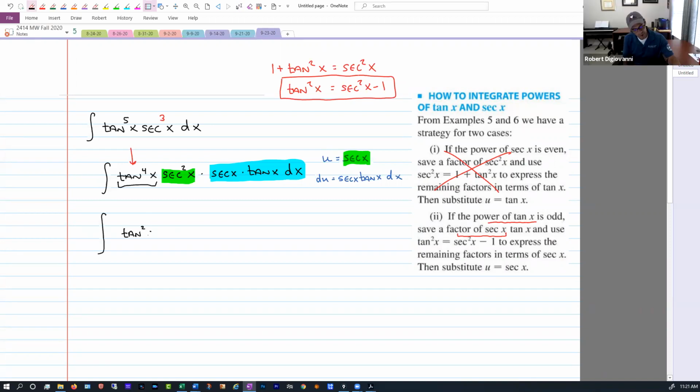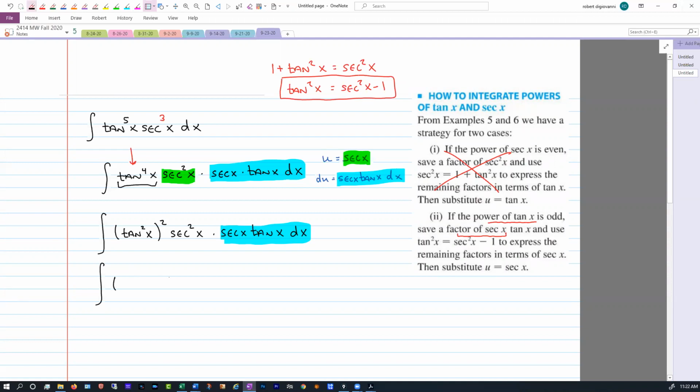So we're going to rewrite that as tangent squared x squared. I'll go ahead and rewrite everything, even though this seems like a pain to have to do. The blue, I'm not even worried about the blue because that's my du. I'm not even looking at that. Rewriting tangent to the fourth is tangent squared squared, and then replacing tangent squared with what, Varun? Secant squared x minus 1.